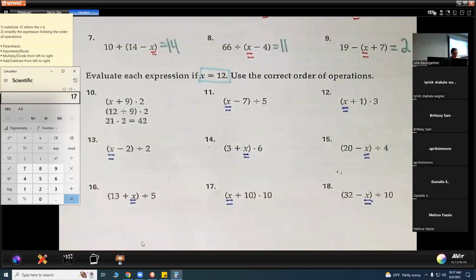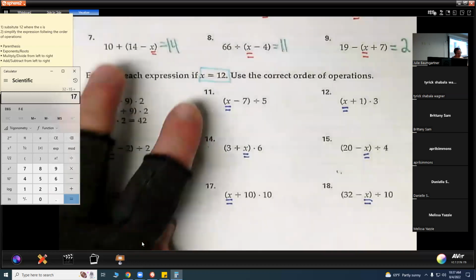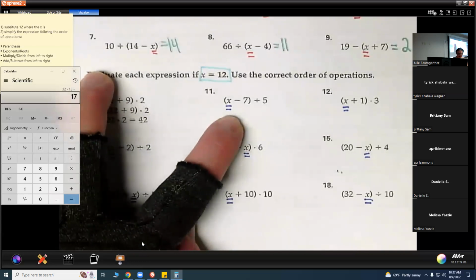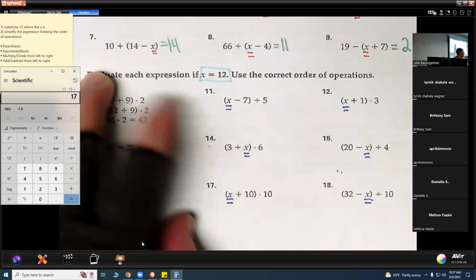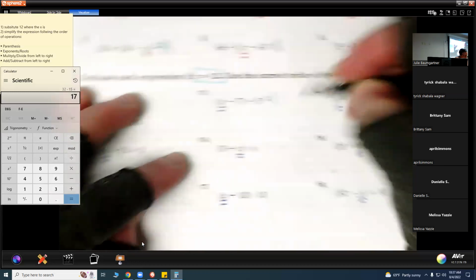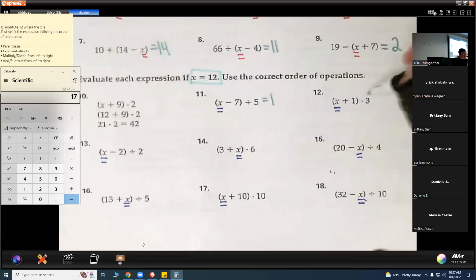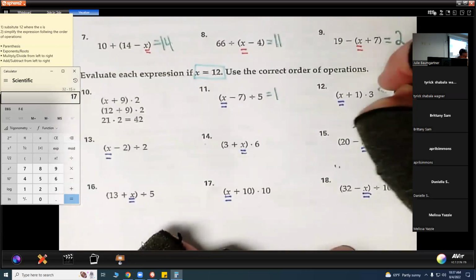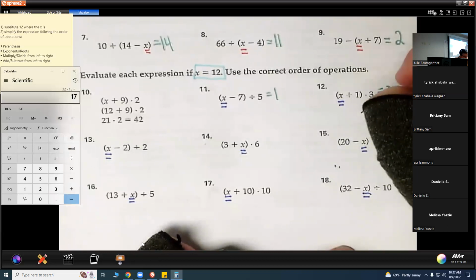All right, let's go ahead and just look at these ones. So if x equals 12, right? So we start here with number 11. 12 minus 7 is 5. 5 divided by 5 is 1. Okay. Number 12. 12 plus 1 is 13. 13 times 3 is 39.